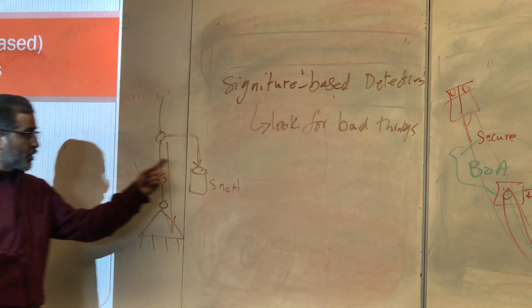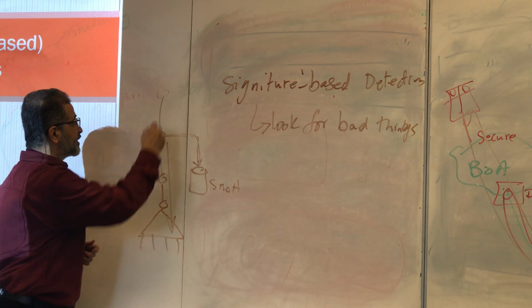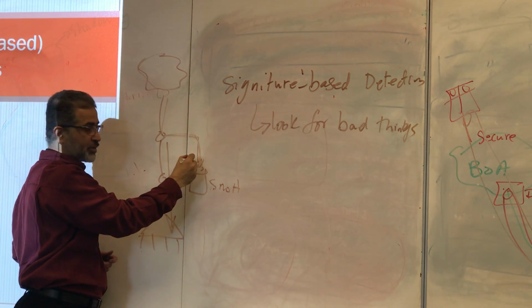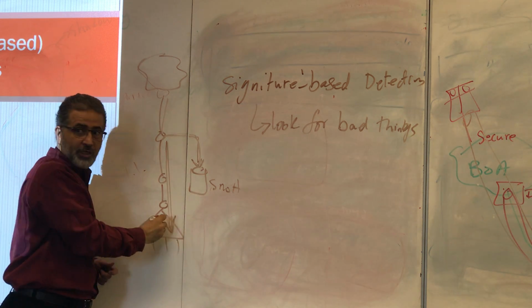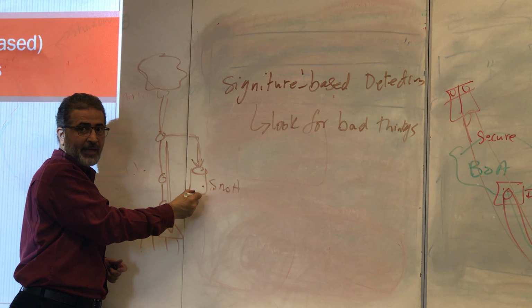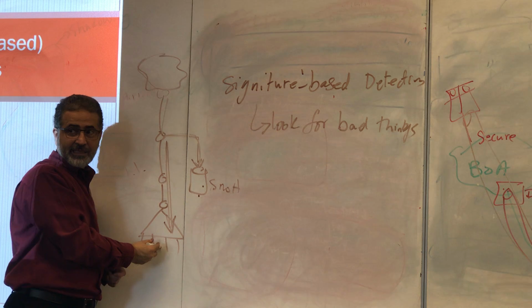This is what I mean by offline. A packet coming from the internet, a copy will be sent to Snort, and the original packet will continue. Then Snort does the processing and tells you, hey, this packet is bad. Then you go back and mitigate.